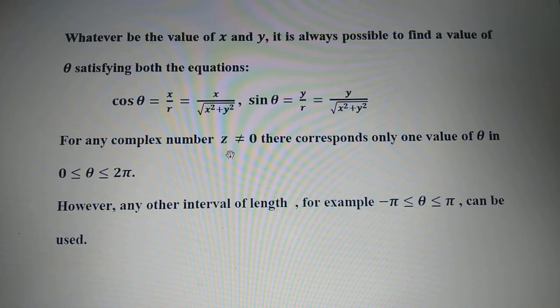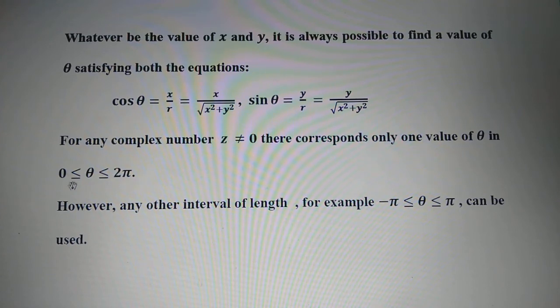So for any complex number z not equal to 0, there corresponds only one value of theta lying between 0 to 2 pi. However, any other interval of length 2 pi, for example minus pi to pi, is again an interval of length 2 pi.